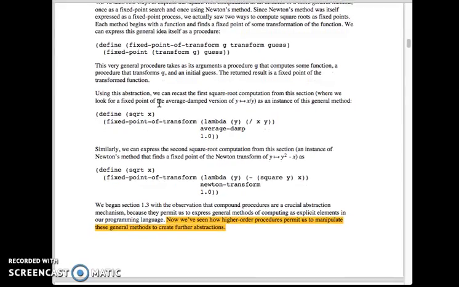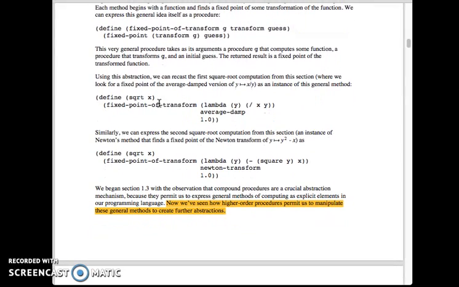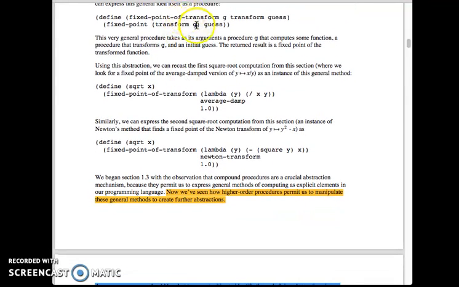Each method begins with a function and finds a fixed point of some transformation of the function. We can express this general idea itself as a procedure. Define fixed point of transform that takes inputs g, transform, and guess, which returns fixed point applied to transform of g and guess.